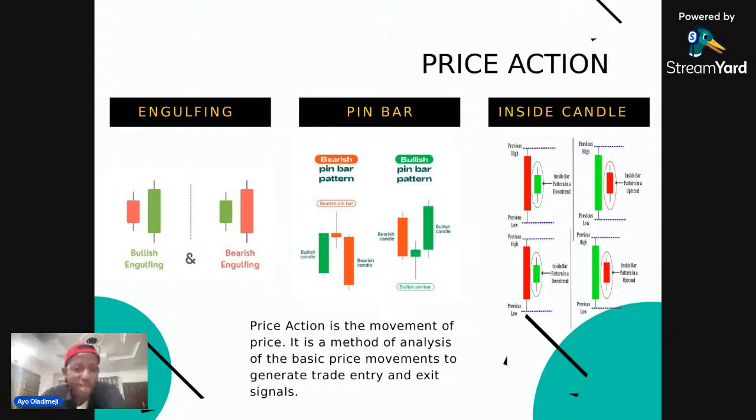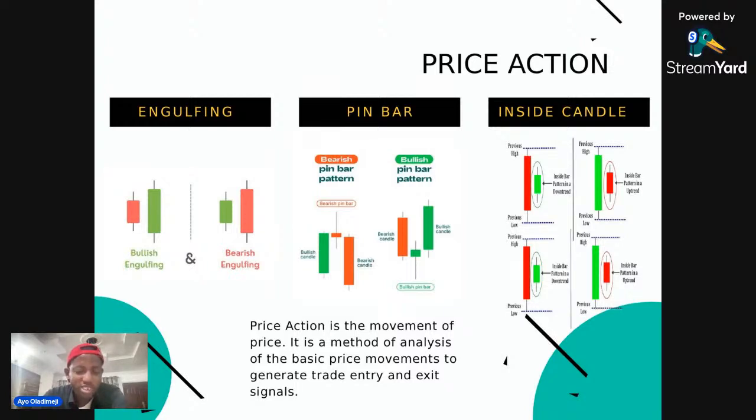So now we have what we call a bullish engulfing. A bullish engulfing is a small bearish candle followed by a big bullish candle, or let me use words you are more familiar with. It is a small sell candle followed by a big buy candle.